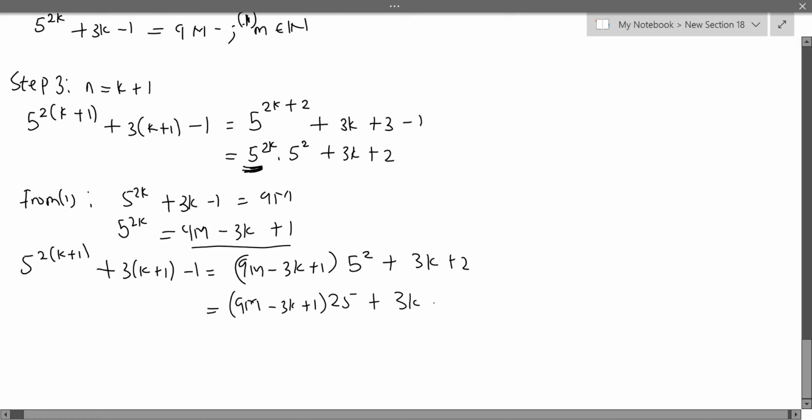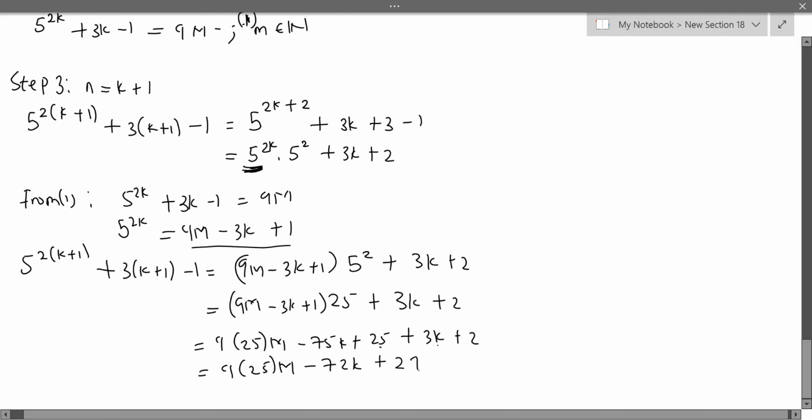Then you have 3k plus 2. So this will be 9 times 25m minus 3 times, that is 75k plus 25, plus 3k plus 2. You don't have to multiply this, just leave it like that, but if you want to, there is no problem. If you add this to this, you have minus 72k. If you add this to this, you will get 27.